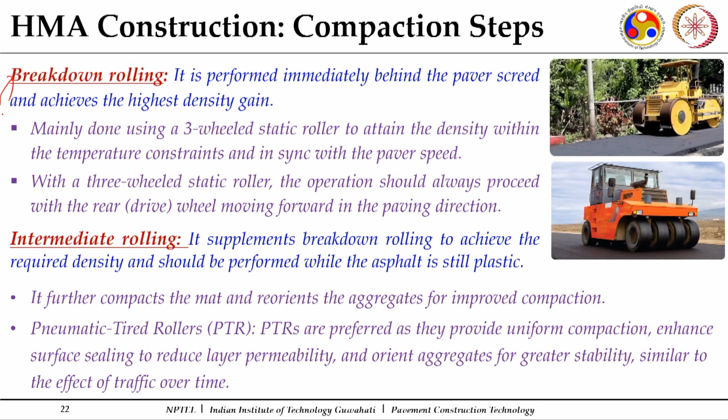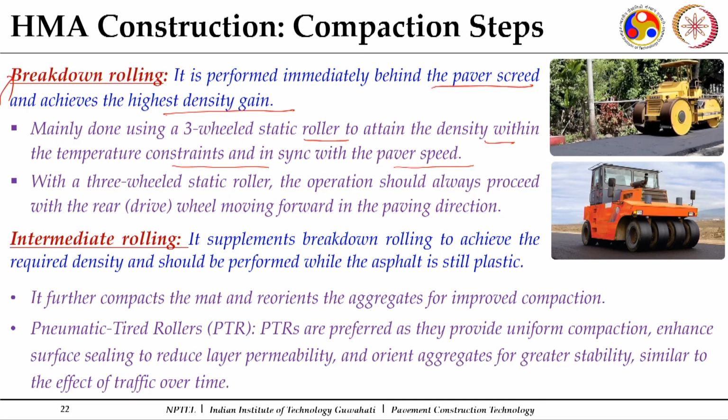This is immediately done behind the paver screed to achieve the highest density gain. This is the rolling where you get the maximum density out of the mix, and normally we do this with 3-wheeled static rollers, within the given temperature constraints, in synchronization with the paver speed.